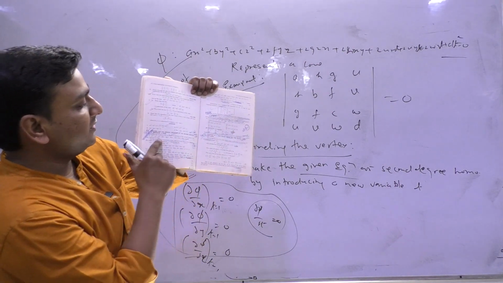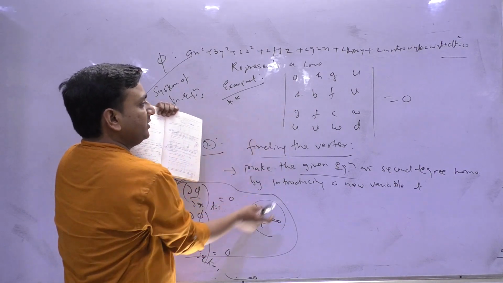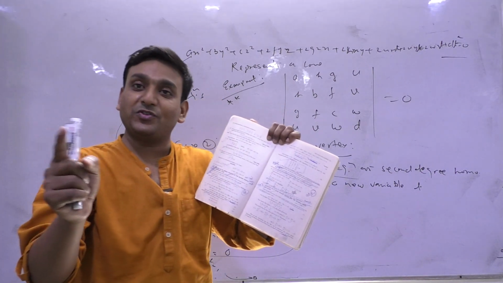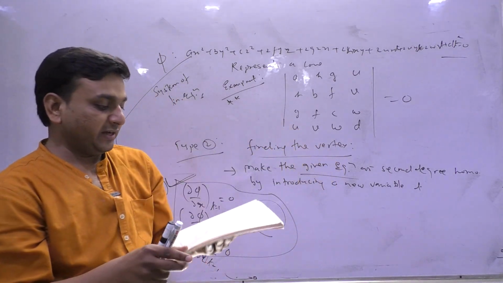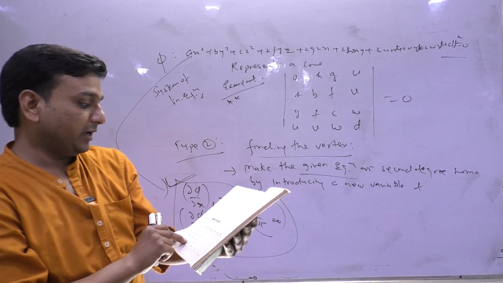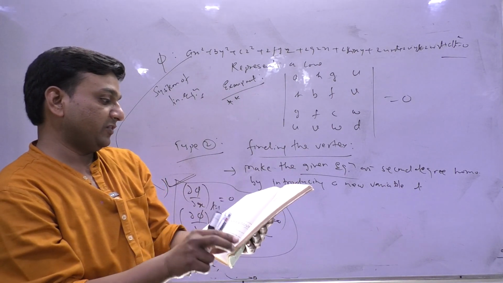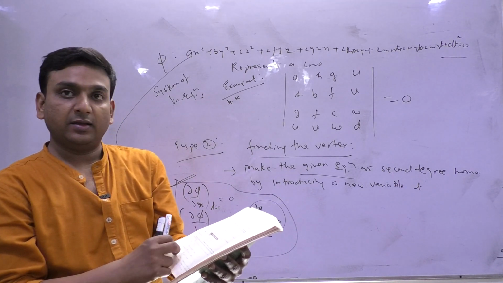Please read this article and remember these two points to solve questions. To solve questions correctly, you need to practice. Examples are given for practice: Example 1, and all examples on pages 160 and 161, you need to solve. Okay, any issue?